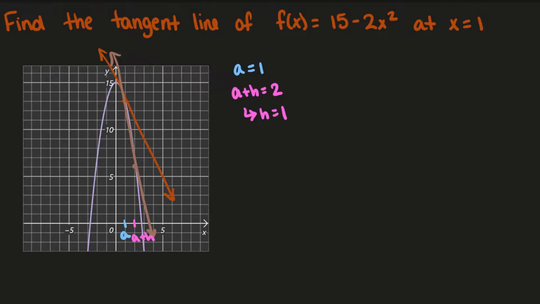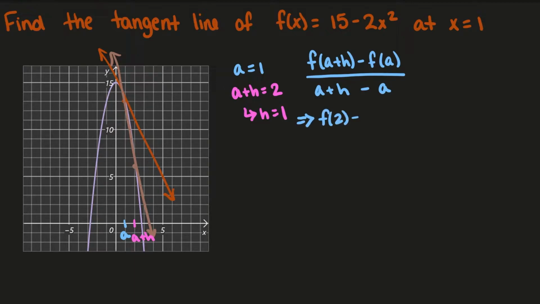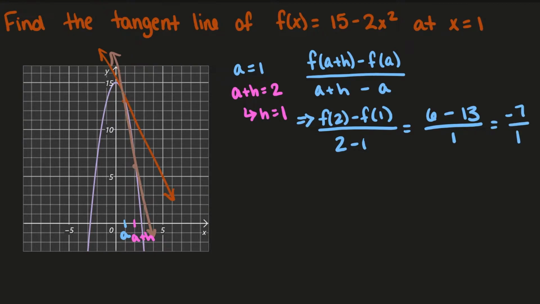So if we consider our difference quotient, which is f of a plus h minus f of a over a plus h minus a, because we're using our slope formula, this would give us f of 2 minus f of 1 over 2 minus 1, which is equal to, f at 2 is 6, f at 1 is 13, over 1, which is negative 7 over 1, or just negative 7. Which means the slope of our tangent line is approximately negative 7. But that's just an estimation, and we do see there's a big difference between these two lines, right?